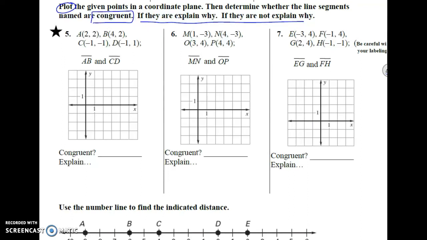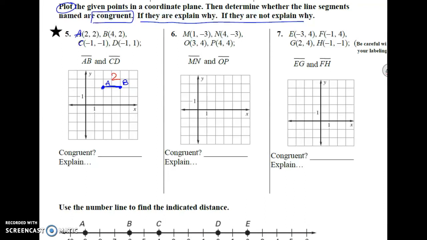I start with letter A. It's at 2, 2, so I go to the right 2 and up 2, put a dot, and I'm going to label that with an A. Then I go to B, which is over 4, 1, 2, 3, 4, up 2, and I put a letter B right there. Segment AB measures between those 2 points, and that has a length of 2.